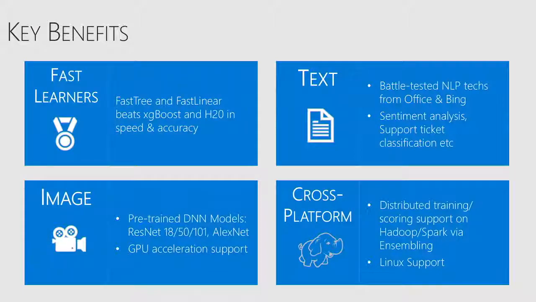We have worked really hard to make them work really well in several areas, specifically with text, also with images. And with this release, we're bringing the cross-platform aspect so that all that technology is now available not only on Windows, but also on Linux, on Spark, and Hadoop. And you can actually scale it out on the cluster.